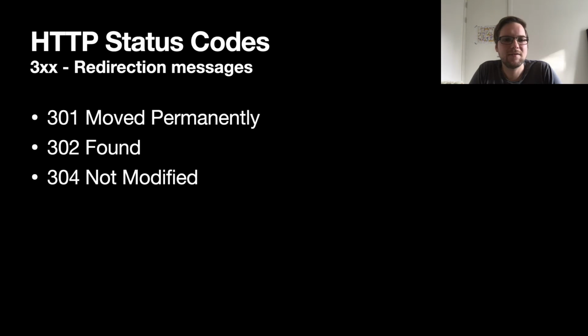And for the 300s, a few popular ones are 301, moved permanently, if the URL has moved for good. So maybe the browser can remember to go to the new URL next time. There is also 302, found. So it's also a redirection, and it really helps the browser redirect to the correct URL.